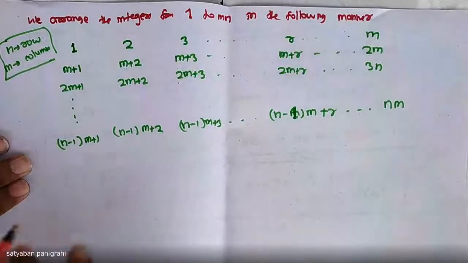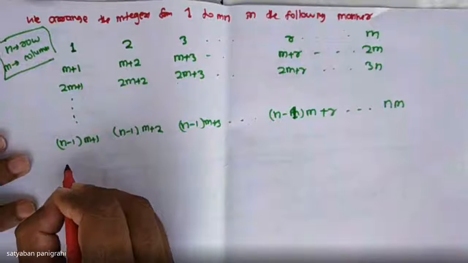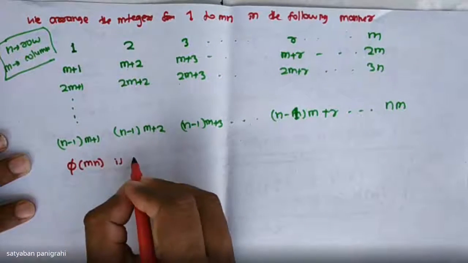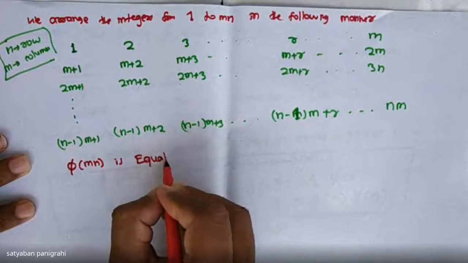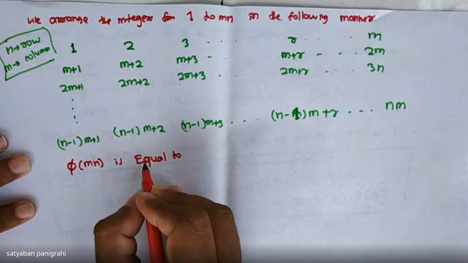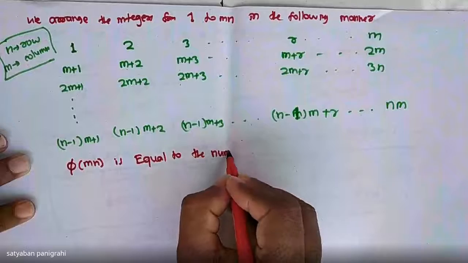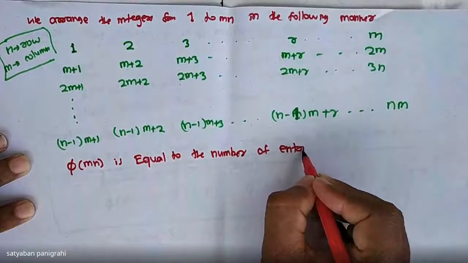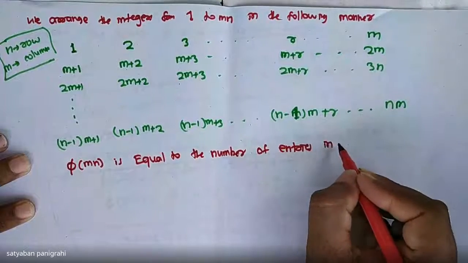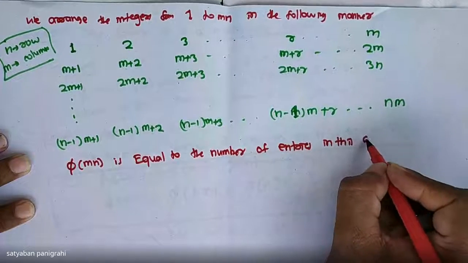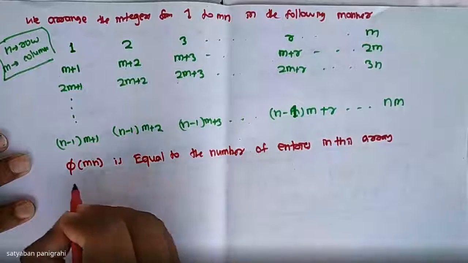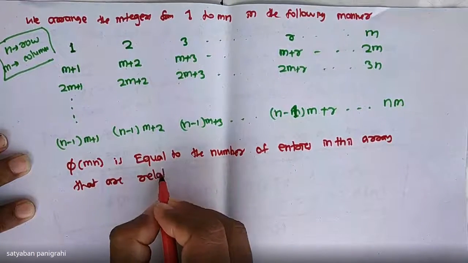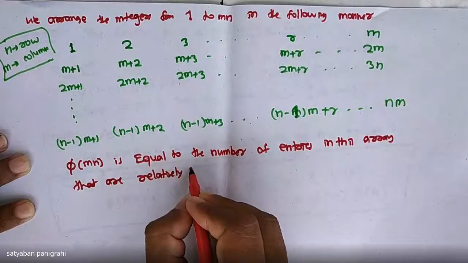Now what is phi of mn? As phi of mn is equal to the number of entries in this area that are relatively prime to mn.